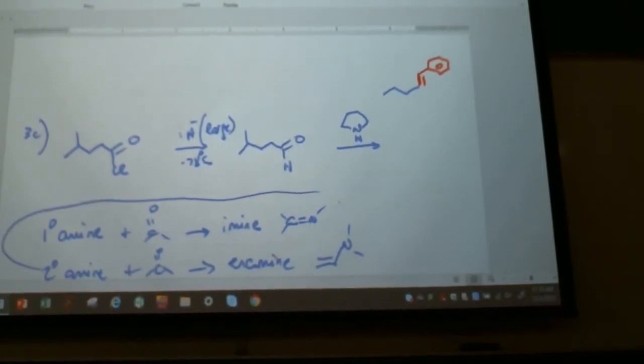So when this secondary amine condenses with this aldehyde, we're going to form an enamine. So this piece is coming from here, and then this is going to add here and form an enamine.